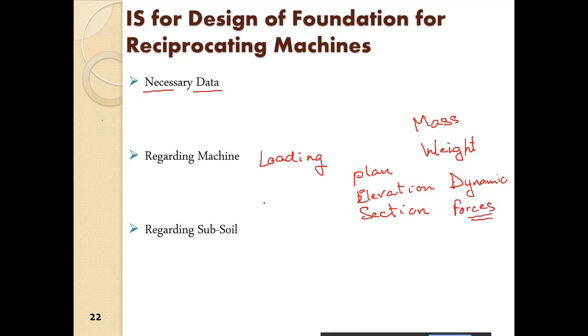Then obviously, if there is any eccentricity, dynamic forces means the frequency, the amplitude, operating speed, capacity, and exciting force, basically. So that is the data regarding the machine that is required.